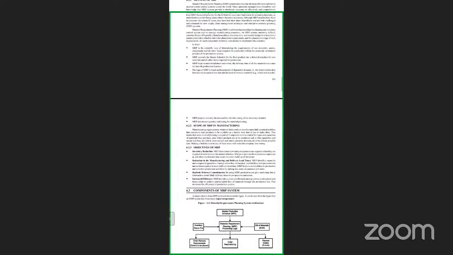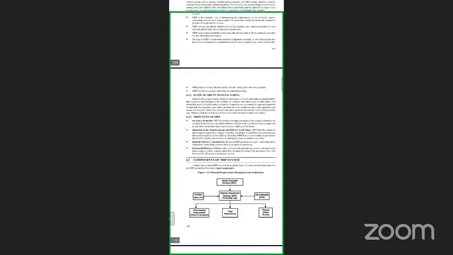So here they have to make a decision whether they require the production or they have to manufacture the product. If they want to manufacture, what are the quantities that are required, what is the current demand, and what is their future customer demand. And that all has to be done with the lowest possible cost. So that is the scope and objectives.